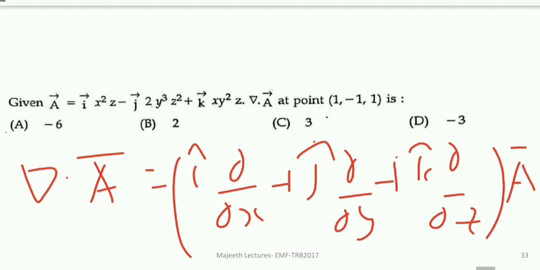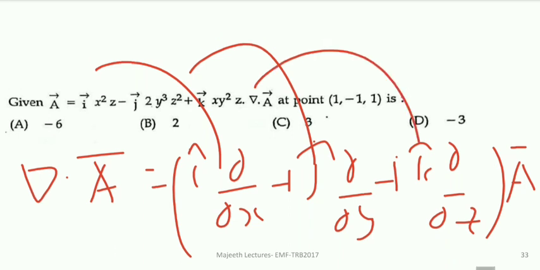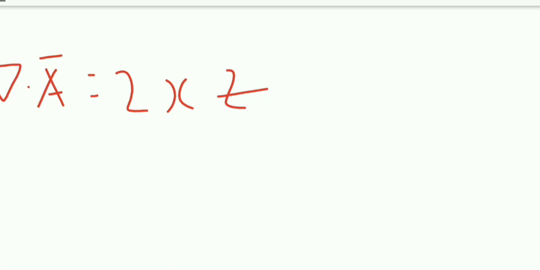I have to take the dot product between these terms. First, i dot i is 1, so the first component we have to differentiate with x. If you differentiate, you will get 2xz.